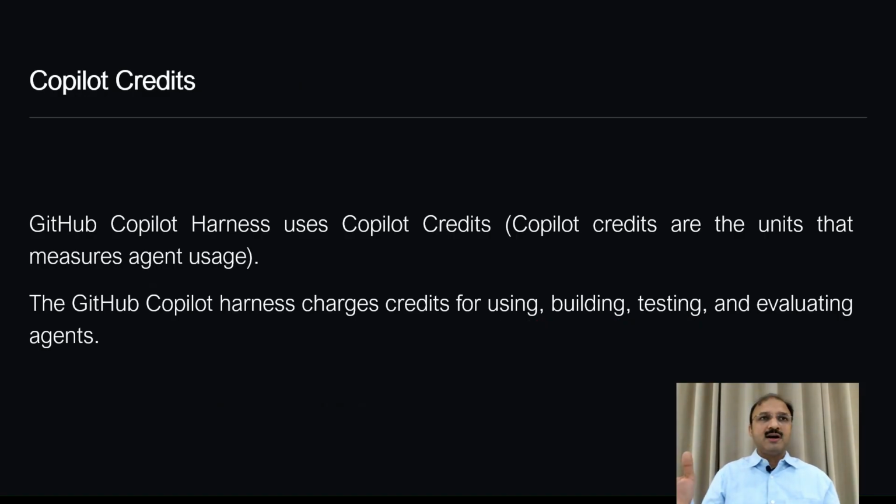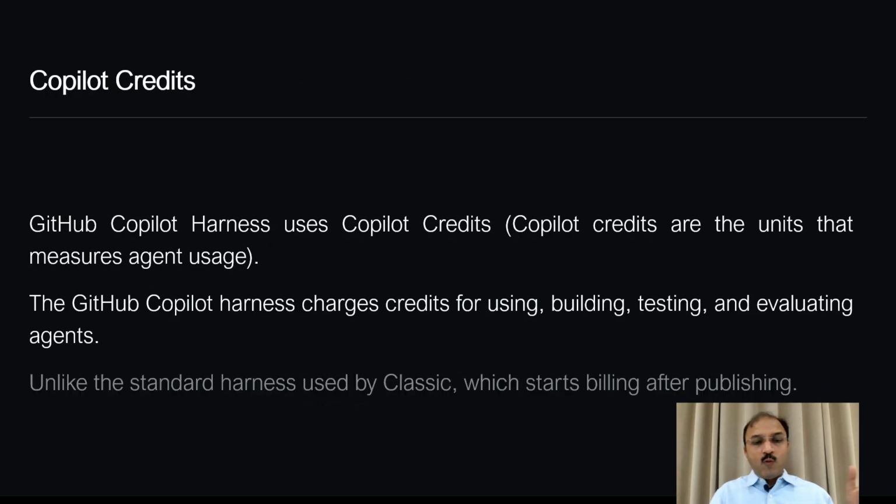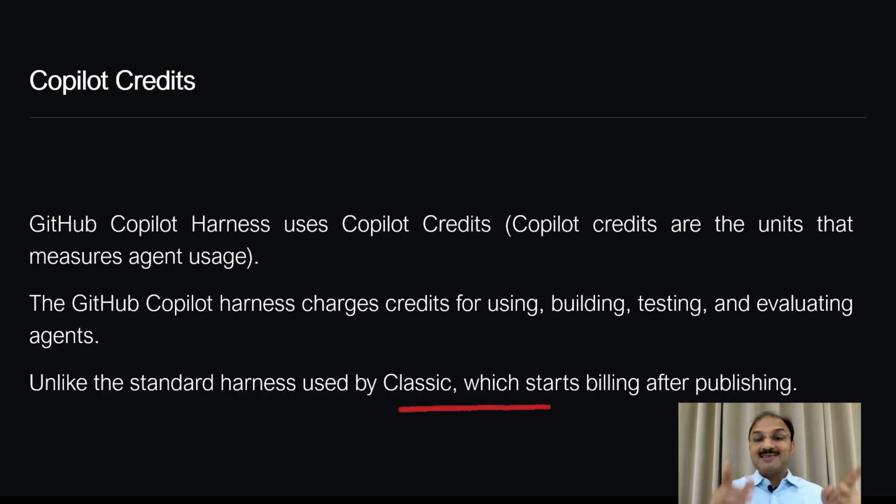And of course, after publishing, it also charges you Copilot credits. Whereas the classic Copilot Studio uses the standard harness, where billing starts only after publishing. I mean, in the classic Copilot Studio Experience, designing, building, testing, and evaluation do not consume Copilot credits. It only consumes credits after publishing the agents.